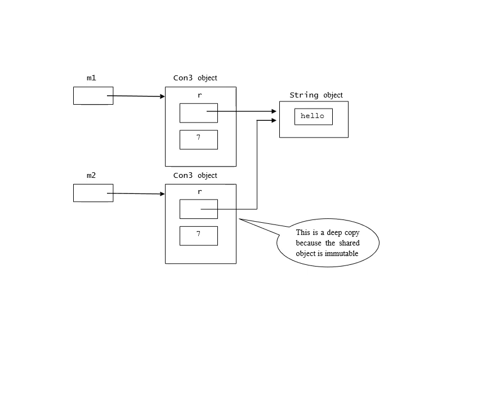There can be no interaction between M1 and M2. No matter what you do with M1, it's not going to affect the structure associated with M2, and whatever you do with M2 is not going to in any way affect the structure associated with the M1 pointer. Those two things do share a string object, but because the string object is immutable, this still is a deep copy.